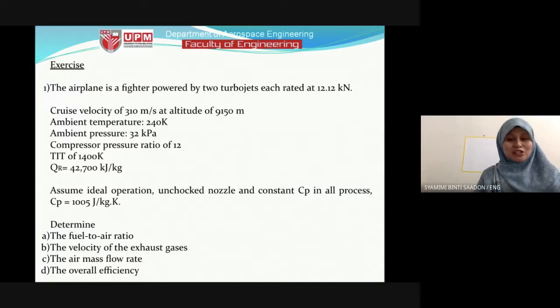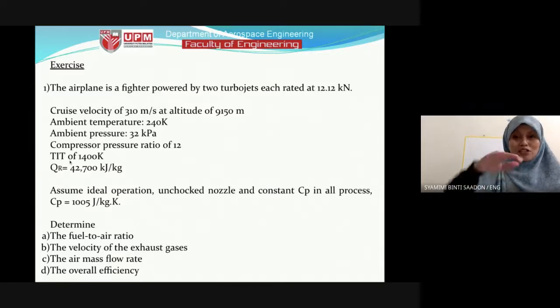That is the compressor pressure ratio. TIT is the simplified notation for turbine inlet temperature, meaning the temperature at the exit of the combustion chamber before entering the turbine expansion.